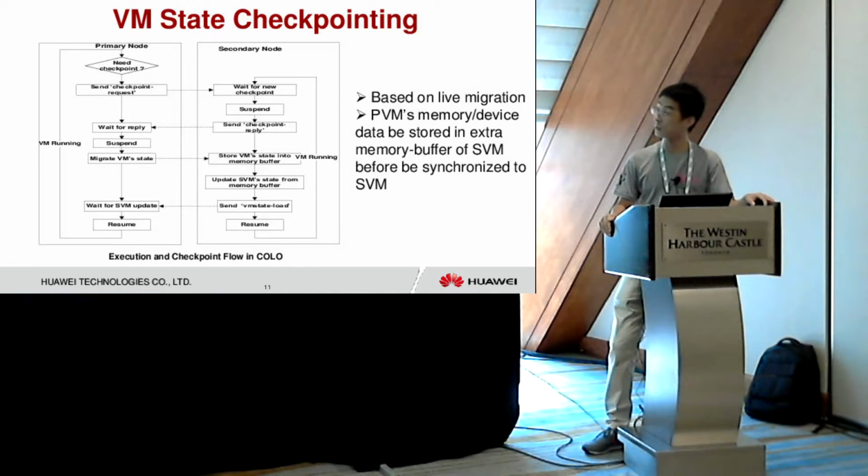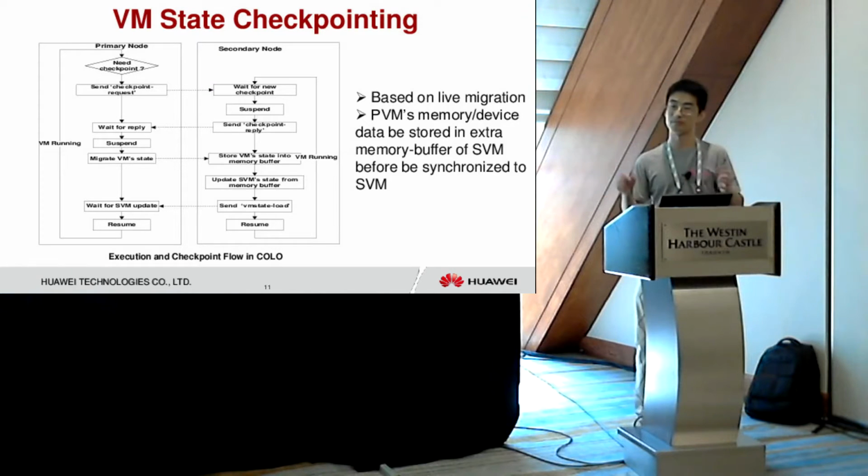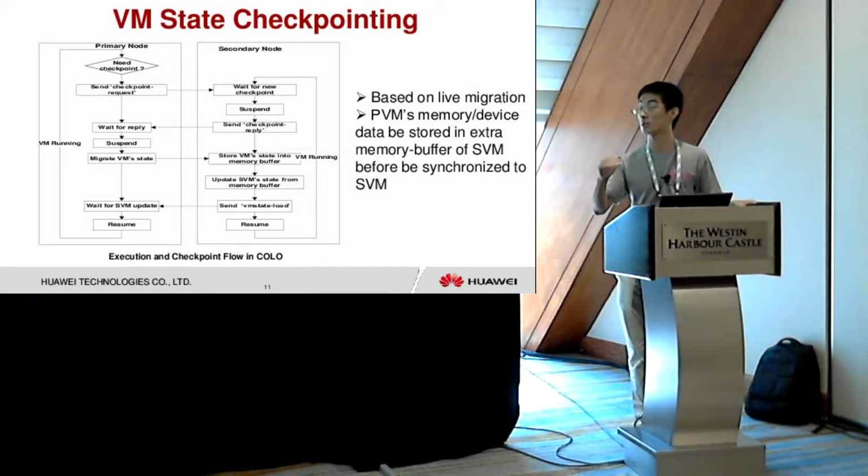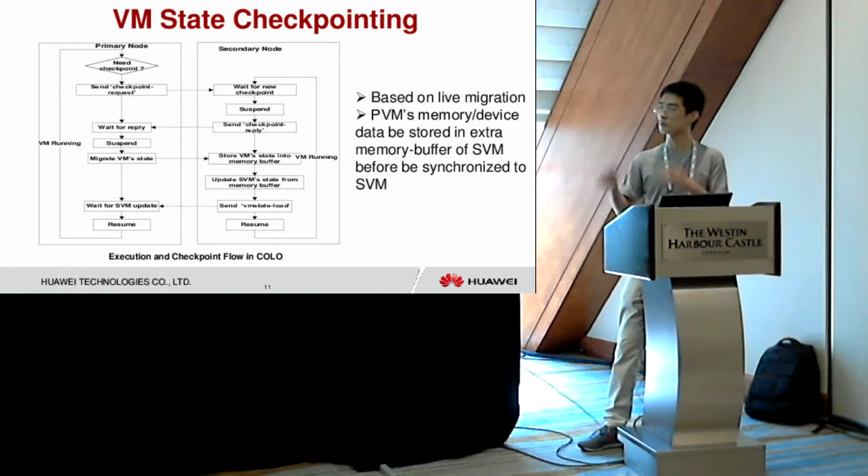But you may note that we need to pause the VM during the checkpoint. So if the time is too long, we can see that the performance of the VM will be degraded dramatically. So we need to reduce the pause time for the checkpoint.